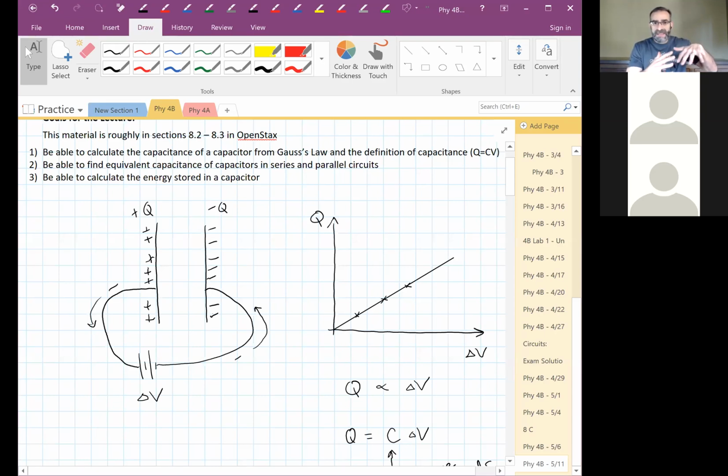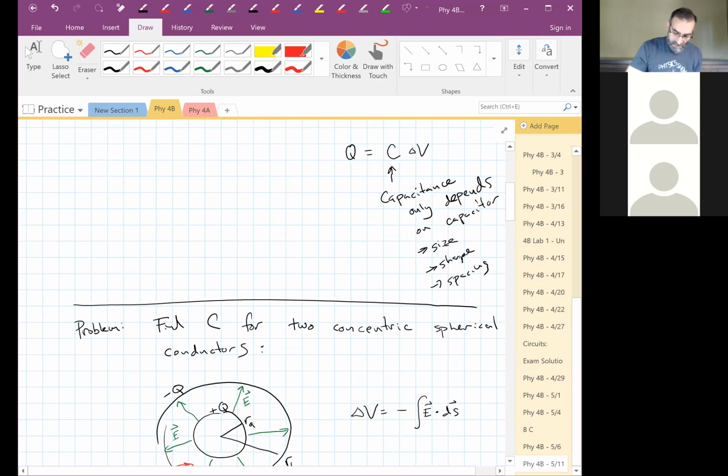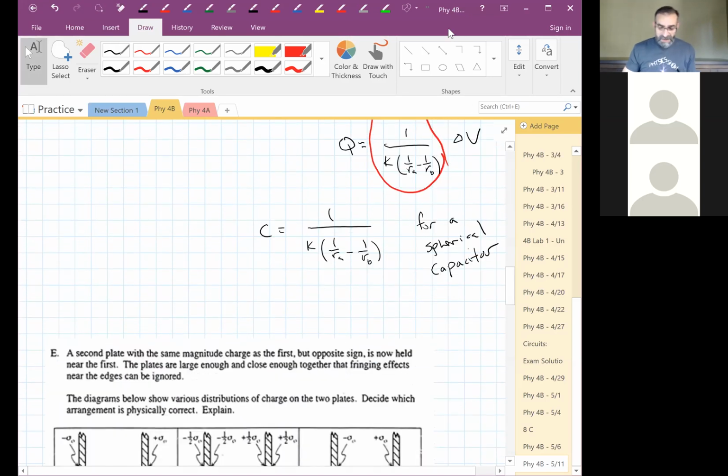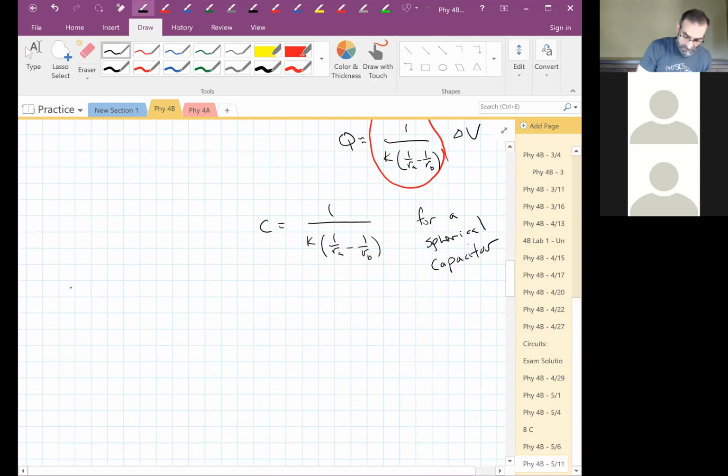They don't all want to be there. So we take this capacitor, we charge it up, we remove the battery, and we've got this energy stored there. Right, you got a capacitor, hook it up to a battery.